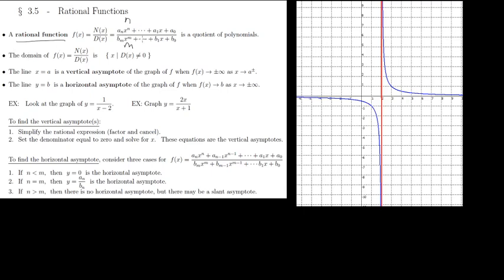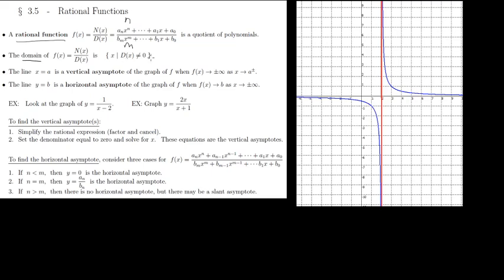And right before we start talking about their graphs, let's review what we mean by the domain of a function. In particular, for a rational function, it's the set of all values of x such that the denominator does not equal 0.